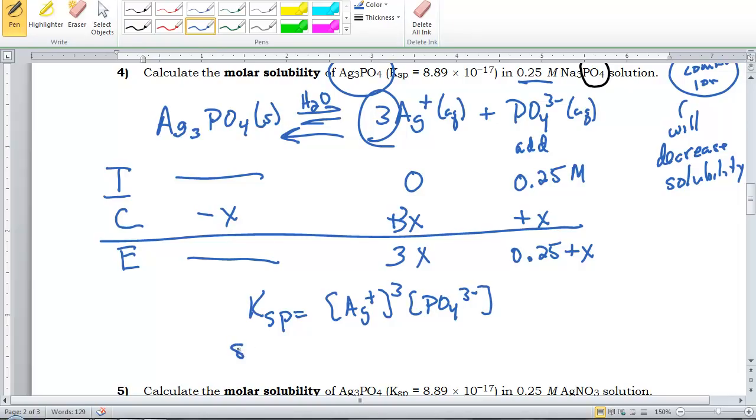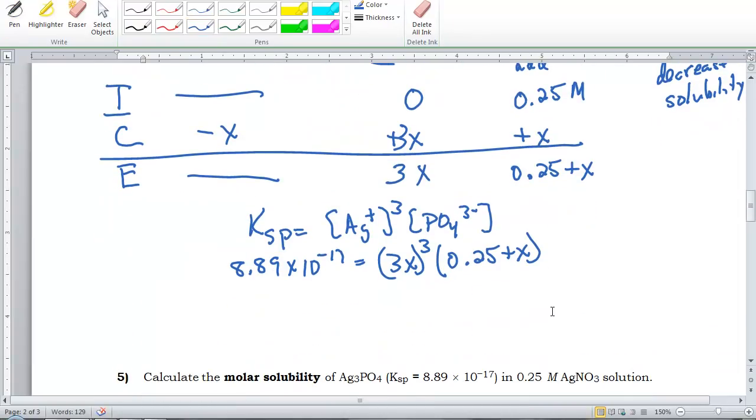Now, plugging in, 3x cubed times, now when it was pure water it was just x, but this is 0.25 plus x. Okay?